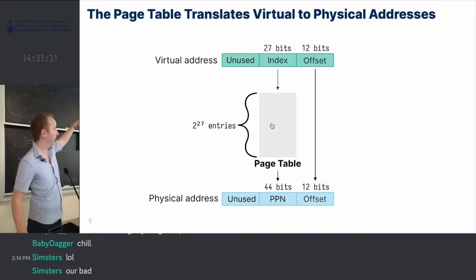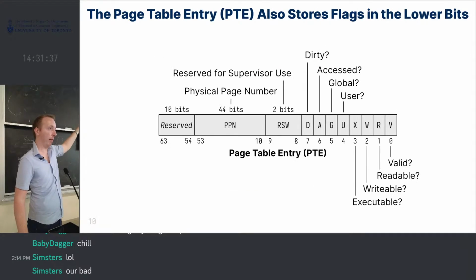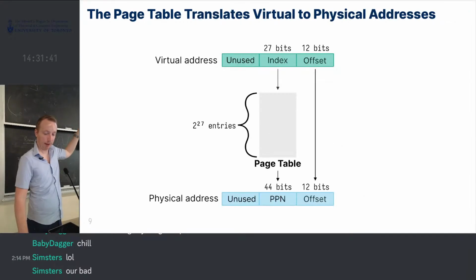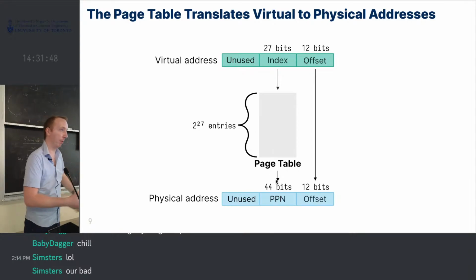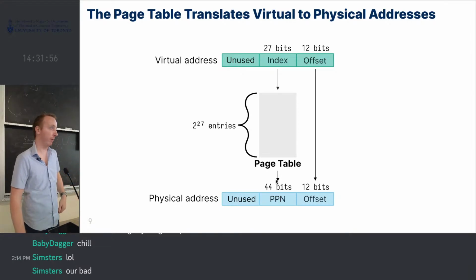That 2 to the 27 is how many entries are in the page table, one for every virtual page number, and this is what the entry looks like. The most important thing is that it has the physical page number because we need that to translate, and it also has some permissions. We have some extra space because we don't need to translate the offset too, so that's why it doesn't have to be ginormous.